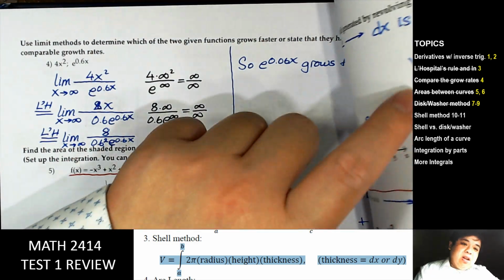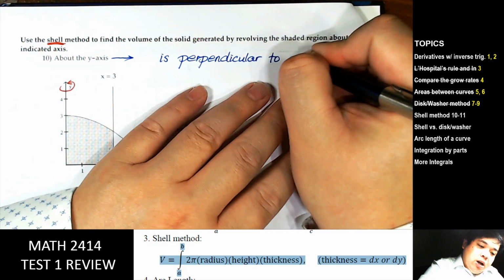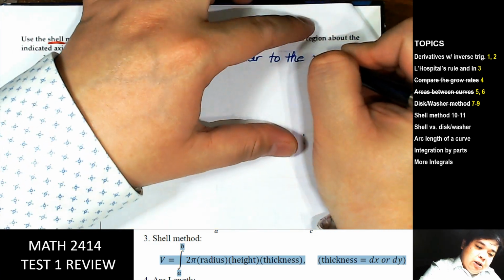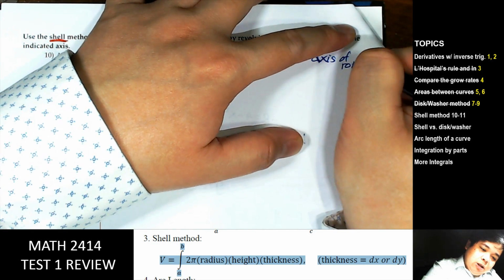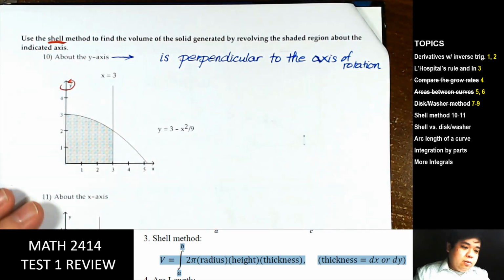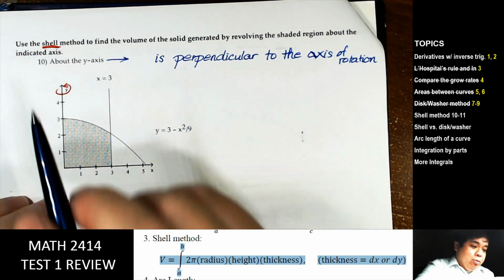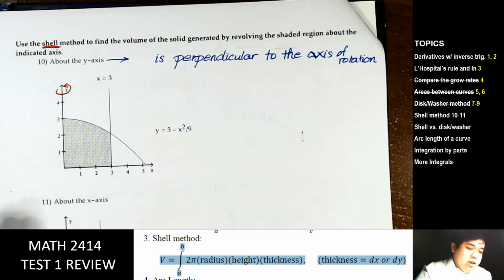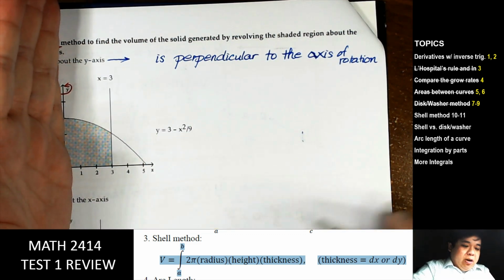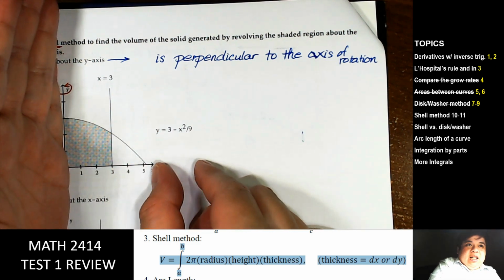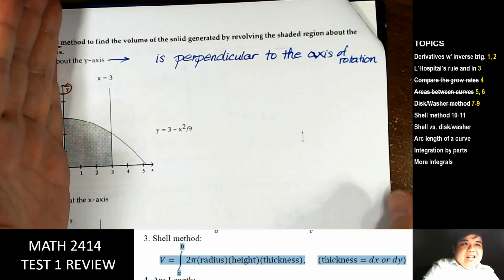The disk and washer method is parallel, and this one is perpendicular to the axis of rotation. Now this is the axis of rotation, so we have to go perpendicular to it. So if it is like this, we go the other way. The increment will be perpendicular to it, which means it is dx.